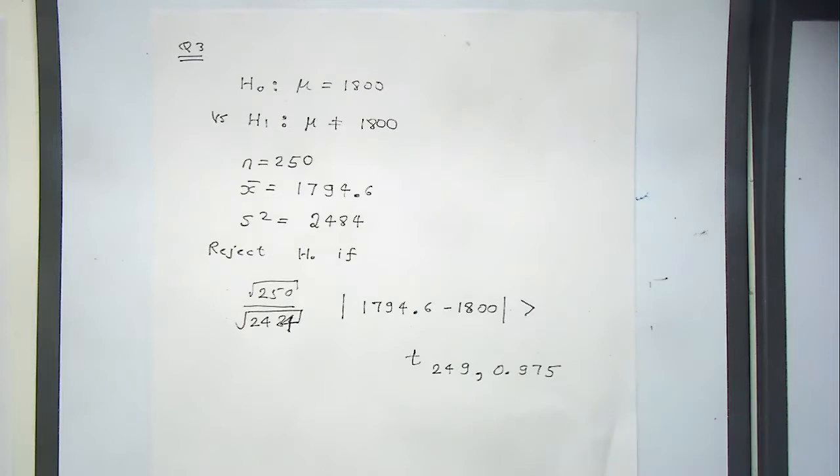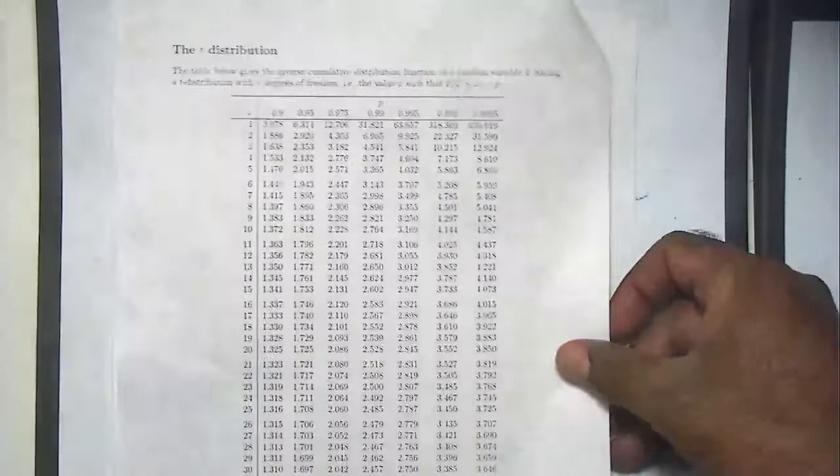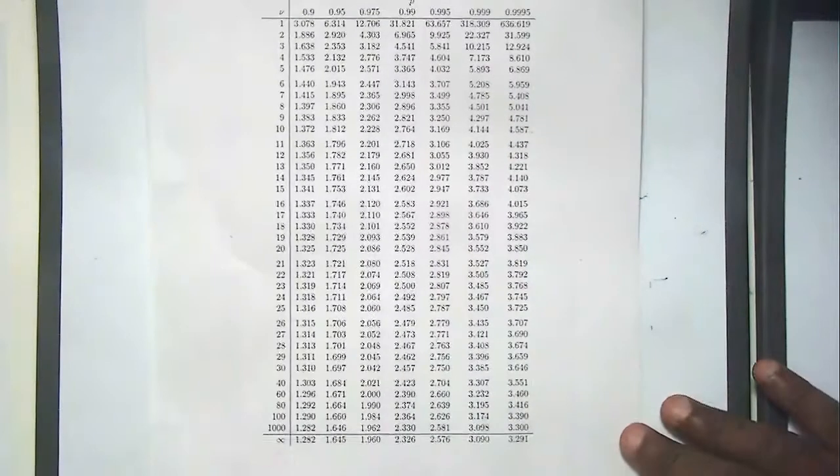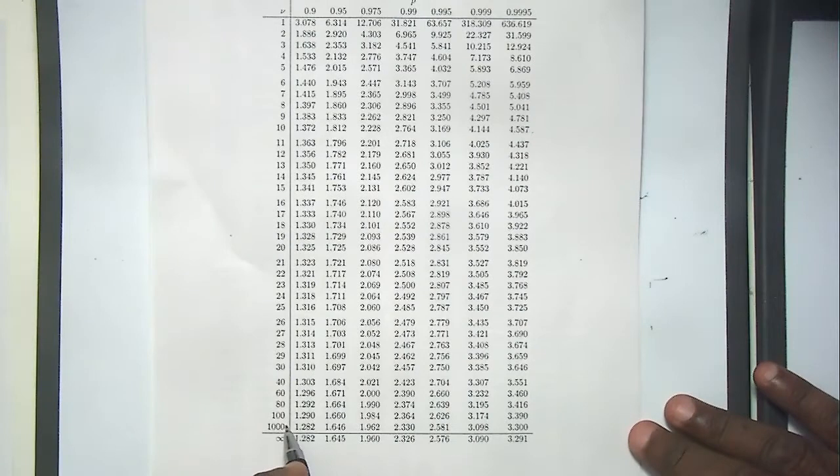Now, do you see the table in front of you? Let me show you. If you read the table, guys, this is the table. There's no 249 in the table. So the closest you can have is 100. 100 is the closest you can get to 249. So the number you're looking for is this number here, 1.984.